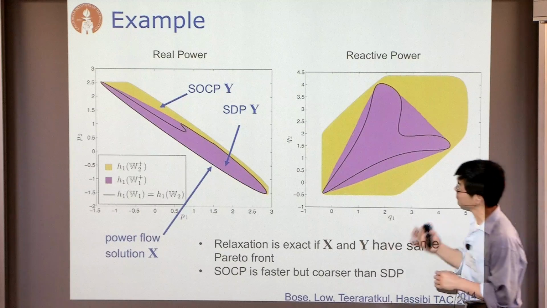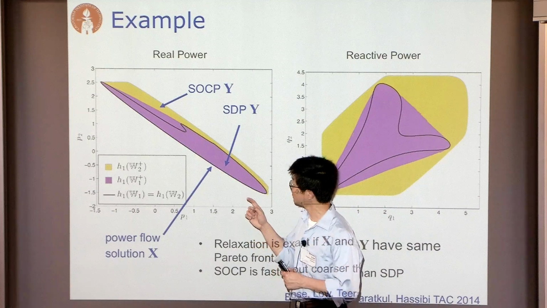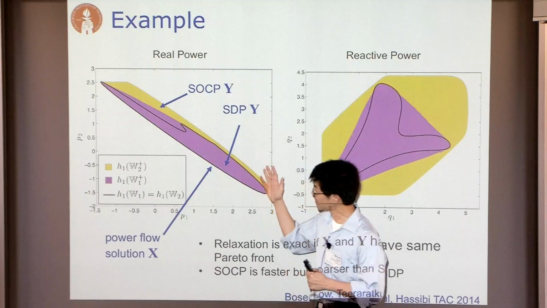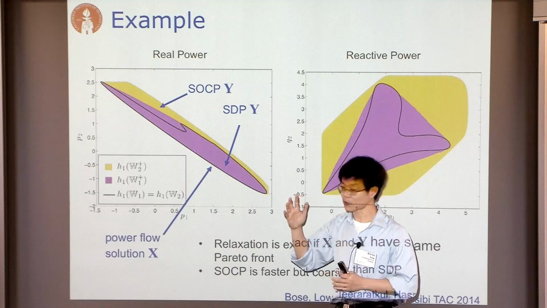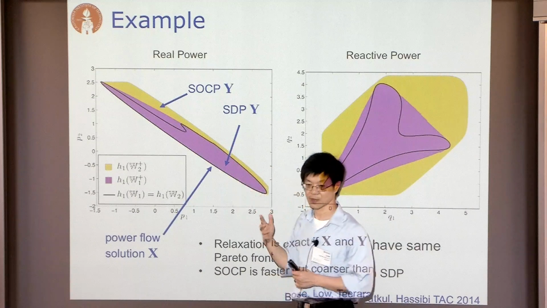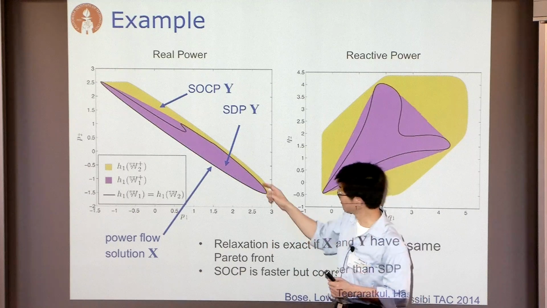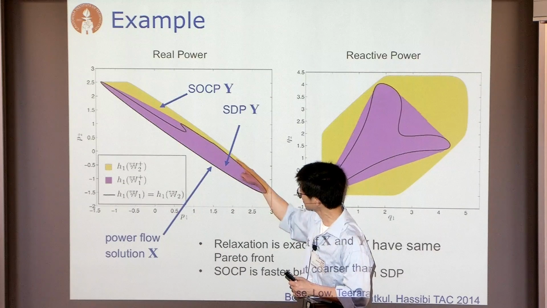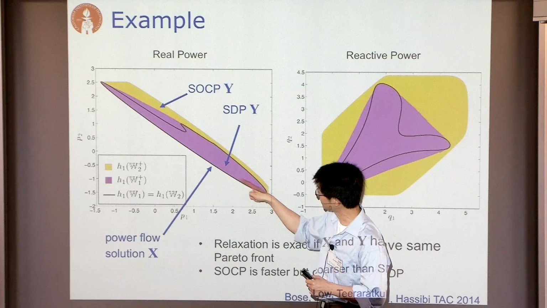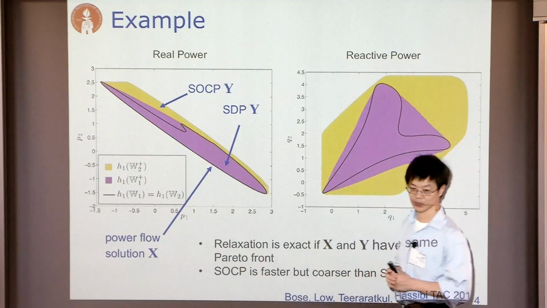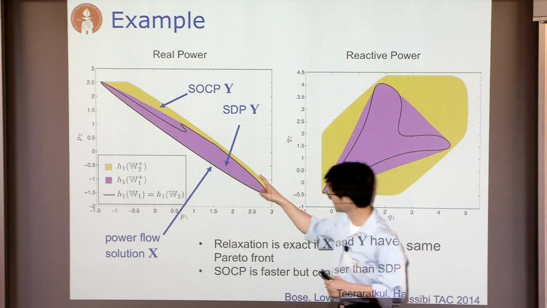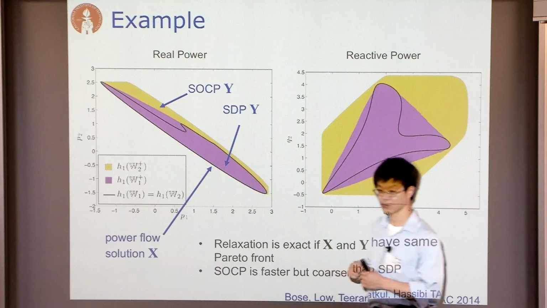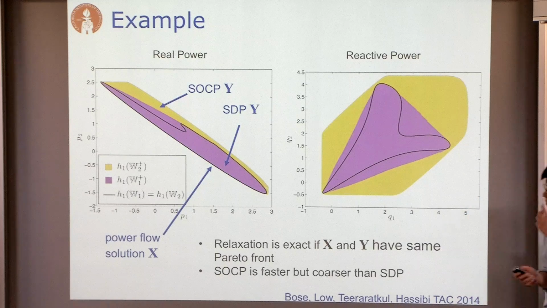OK, so here's a pictorial illustration. In this particular example, the feasible set in OPF is this black curve, which is non-convex. When you do SDP, you basically get roughly a convex hull of it, the purple region. And if you do SOCP, then you get this yellow region, which is strictly larger.